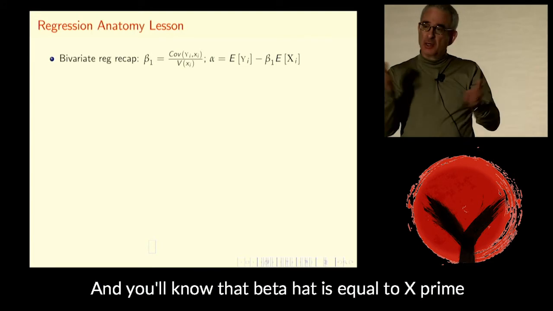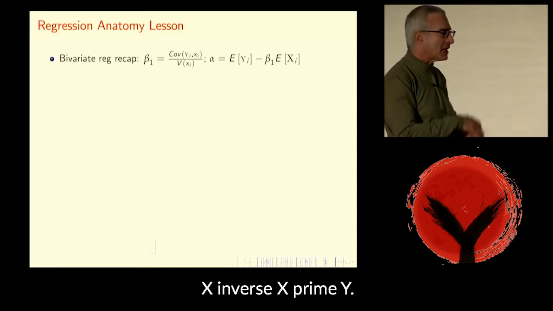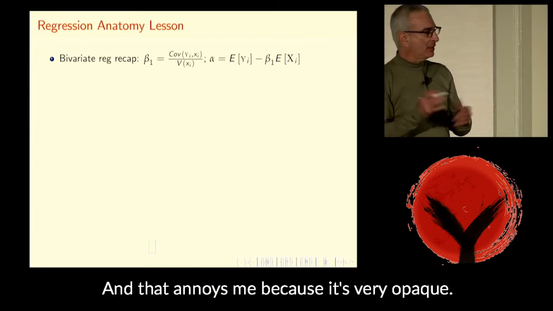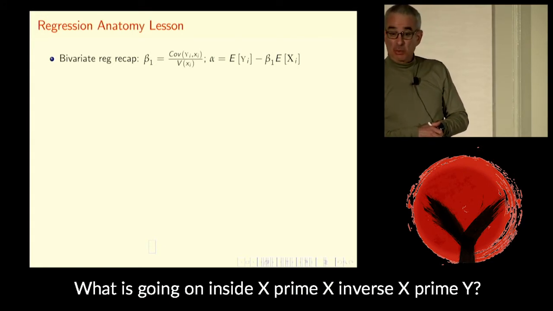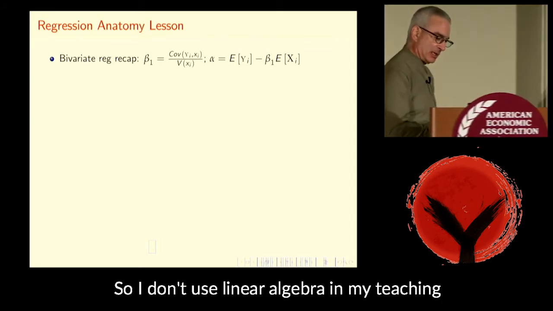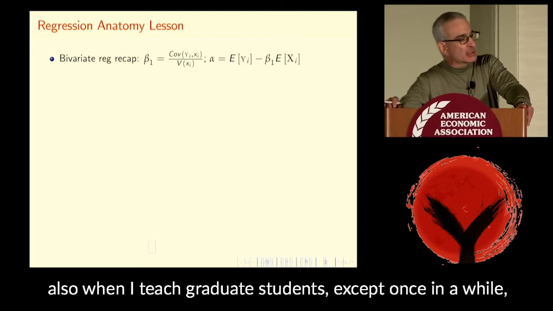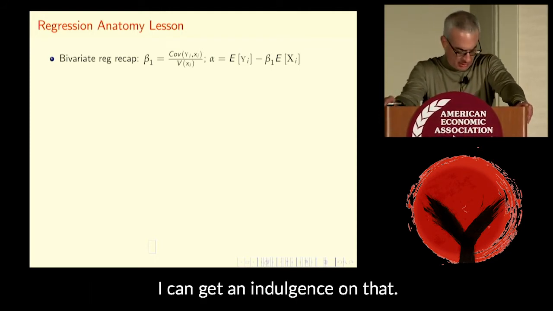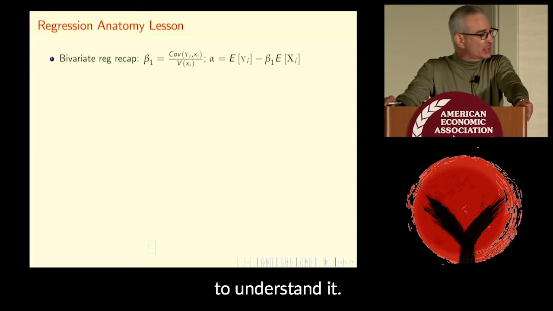And you'll know that beta hat is equal to (X prime X) inverse X prime Y. And that annoys me because it's very opaque. What is going on inside (X prime X) inverse X prime Y? If you have to invert that, it's very complicated. So I don't use linear algebra in my teaching, also when I teach graduate students, except once in a while, if absolutely necessary, I can get an indulgence on that. But mostly I don't, because I think there are better ways to understand it.